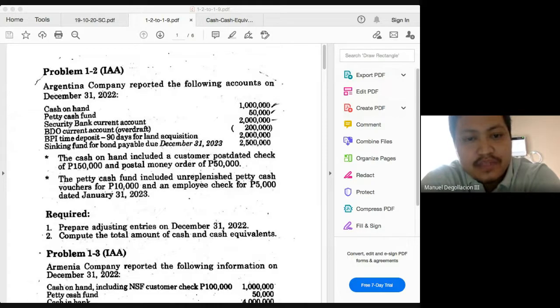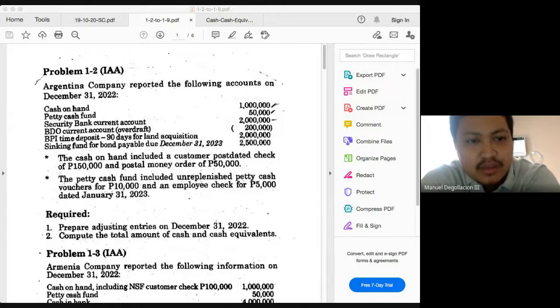Okay, although we have established before that it's fine for our balances to include amounts represented by a check, it must be checks that can already be encashed. But since the check here is a post-dated check, it cannot be encashed yet, so it will not be treated as an equivalent of our money, and should not be part of our cash on hand.